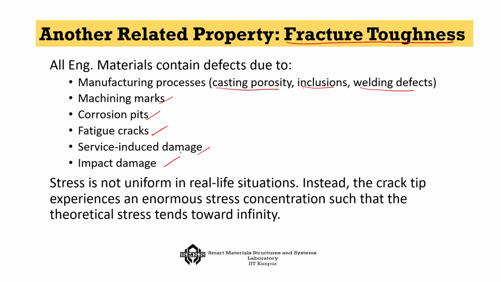All these things are very common for engineering materials, and if such a thing is present in a material, then we have to keep in mind that stress will not be uniform. Instead there will be large stress concentrations in the crack tips, and that can cause the failure of a system drastically.